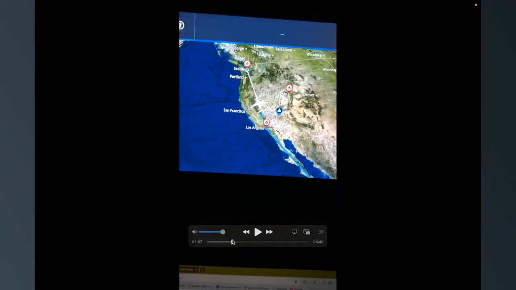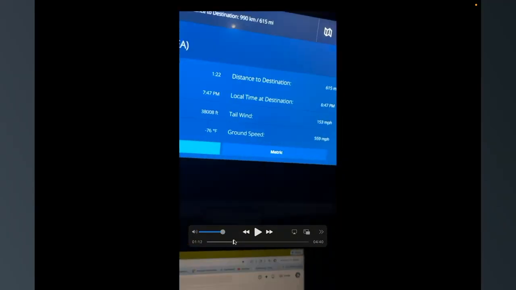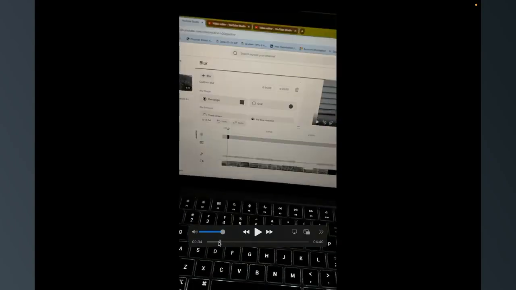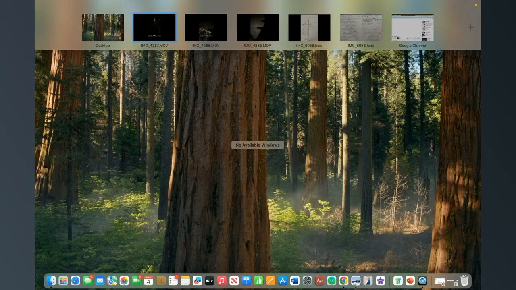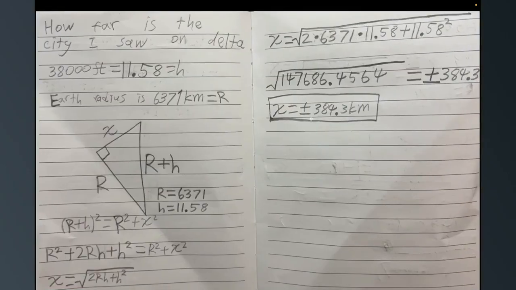So we can do it by first looking at the height of the aircraft. 38,000 feet. There's an extra 8, but I'm just gonna ignore that and call it 38,000 feet. We can use trigonometry to figure it out.